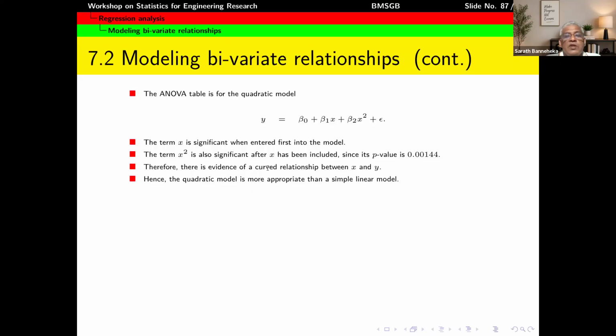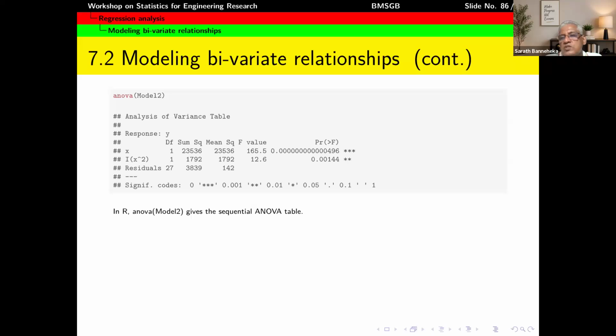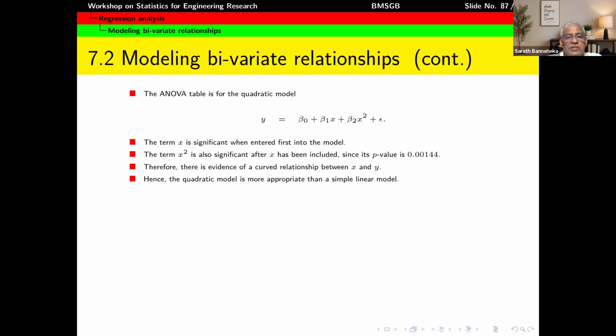Therefore, there is evidence of a curved relationship between X and Y. So actually it tells you that a straight line model is not enough, right? After you have included X, you can still include the X square term and that term is also significant. So therefore, the straight line model is not adequate, right? Hence, the quadratic model is more appropriate than a simple linear regression model.